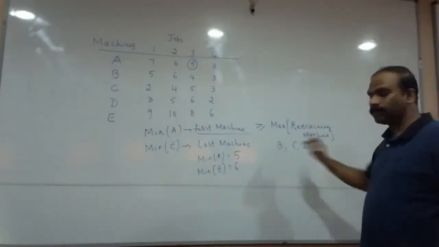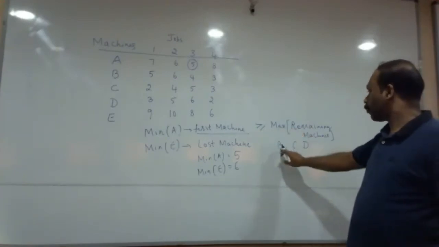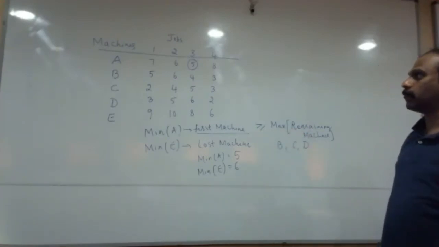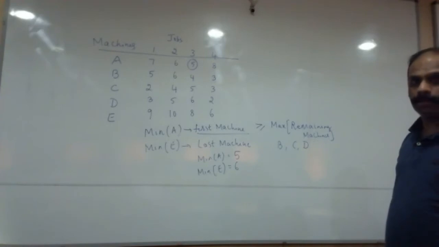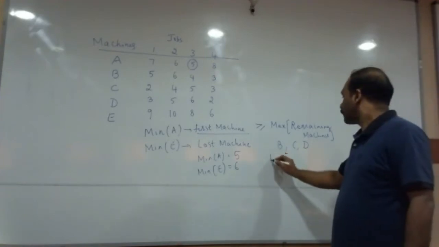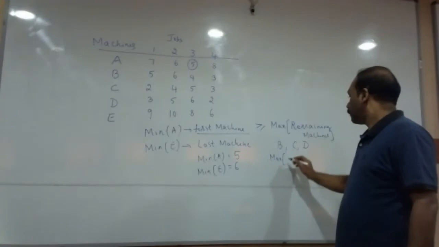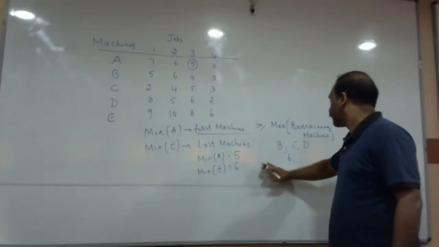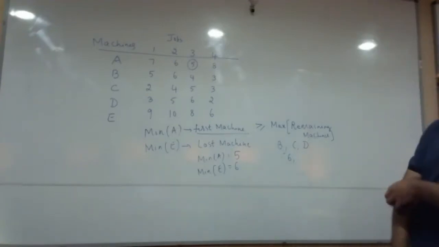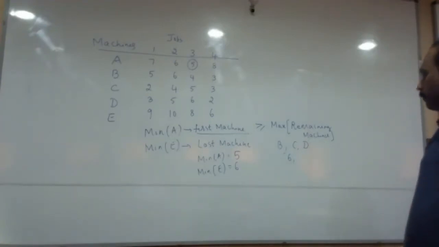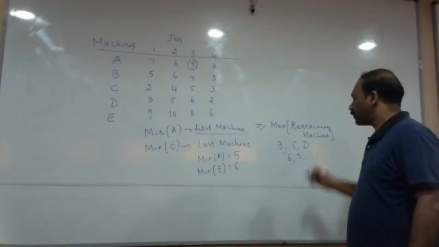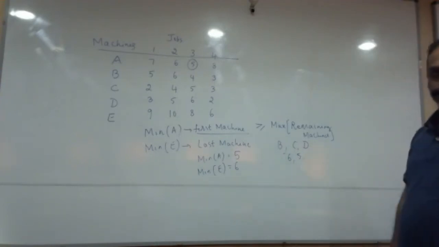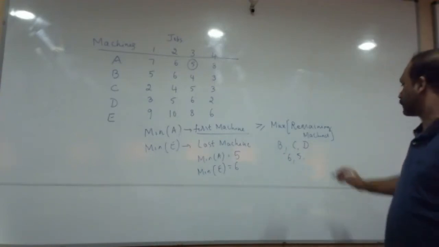Now let us find the maximum of the remaining values. The maximum of machine B, how much do we get? 6. For C, what is the maximum value? 5. And for D? 6.